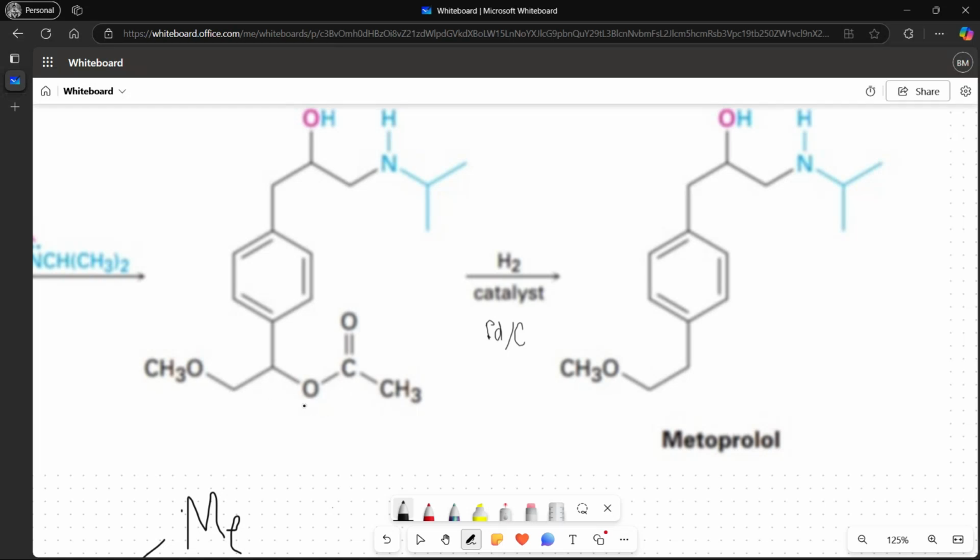But for this one, it kicks out this carboxylic acid over here, this ester, ether. Wait, yeah, it's an ether group. It's an ester, I'm sorry. So it kicks out this ester group, generating a carboxylic acid. So what's going to happen? What is happening here? Okay.